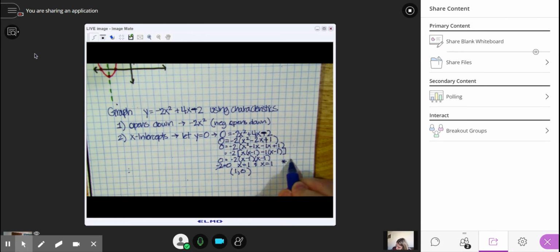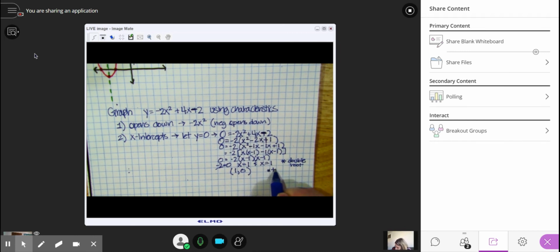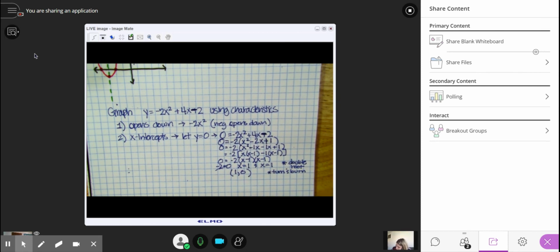This is sometimes called, well, it's called a double root, sometimes affectionately called a double tap, or a turn and burn. I'll show you why it's called a turn and burn in just a second here.